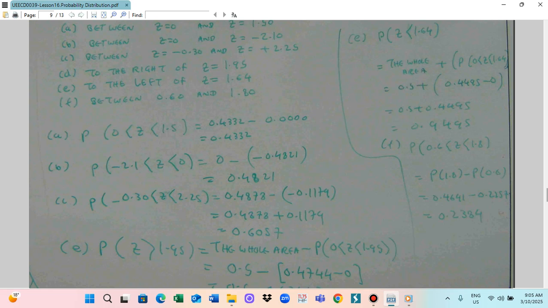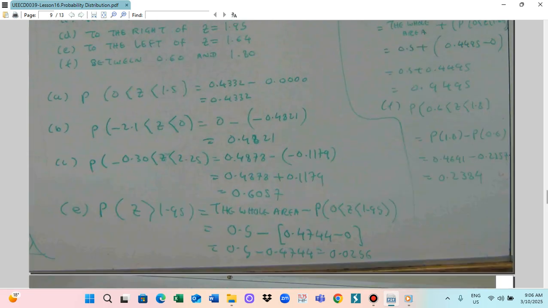You read the 1.8, so this becomes 0.4641. Probability 0.6 you read, so 0.2257. So you calculate, and this becomes 0.2384. So those are the applications.